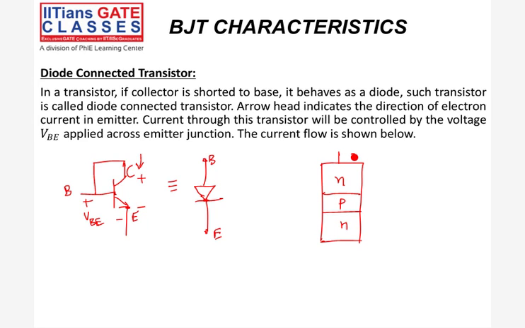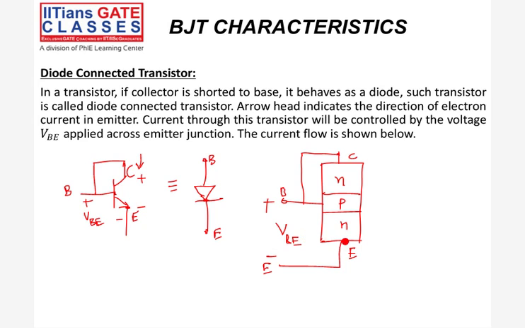This one is the collector junction, this one is the emitter junction, and this one is the base. And this base is directly connected to the collector. This is my base and this is my emitter. I'll say this is plus, this is minus, and this voltage is VBE.